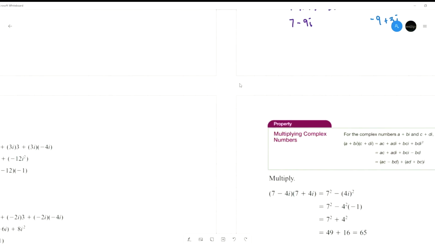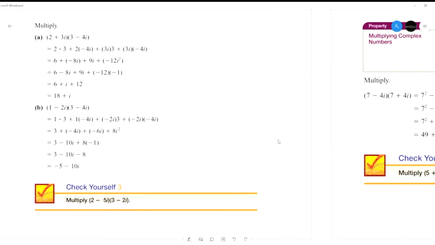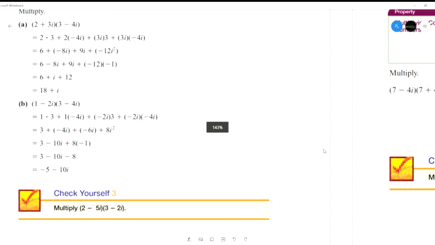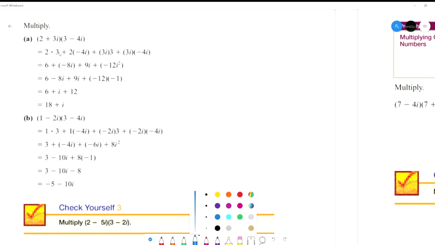All right, moving on. Let's look at some multiplication. You'll notice it's just like in chapter 5 when we were multiplying binomials or polynomials, right? It's like foiling. So let's say we have 2 plus 3i times 3 minus 4i. So we're going to basically distribute.